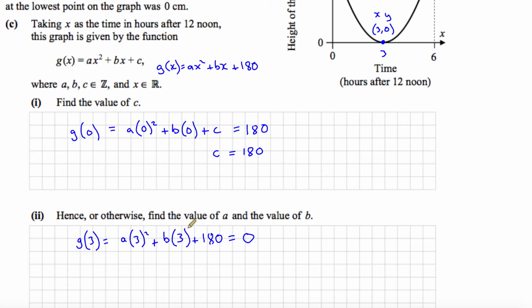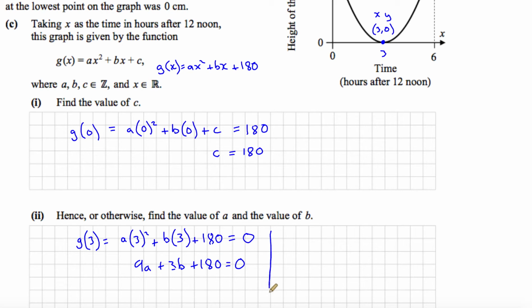When I tidy this up, 3 squared is 9, so that leaves me with 9a plus 3b plus 180 equals 0. So that's one equation with two unknowns.